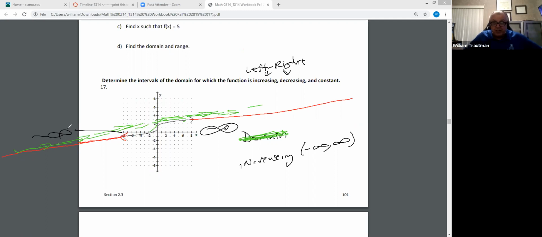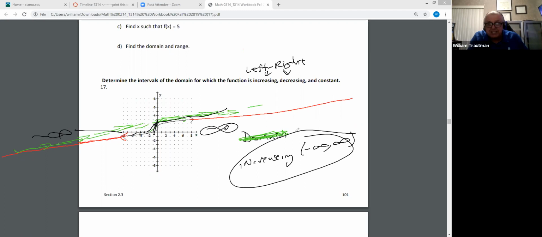If you look here, the graph never goes down. It's always going up. Here it goes up a little sharper, but it's still going up. It's not decreasing anywhere, and it's not constant anywhere. The graph is increasing the entire time.